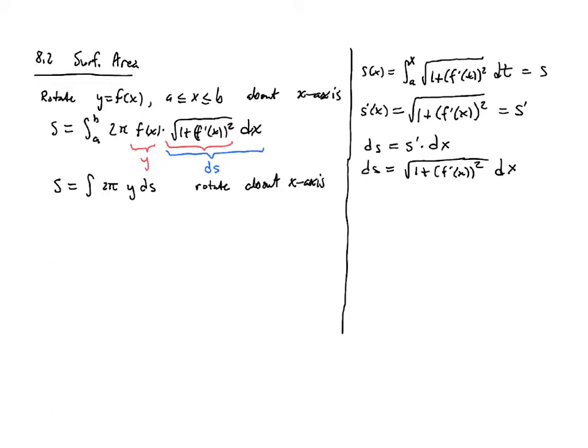Now the nice thing about this is that when, instead of looking at y equals f of x, you look at x equals g of y, and rotate about the x-axis again, and we'll use the range c less than or equal to y less than or equal to d here, you have a similar formulation for the arc length function in terms of y.